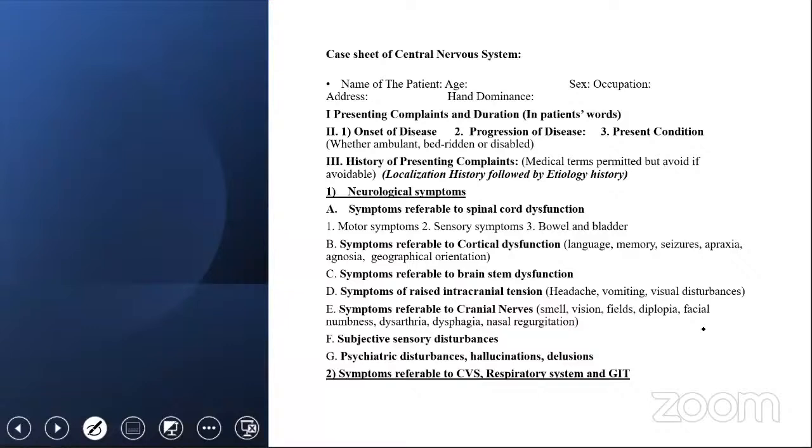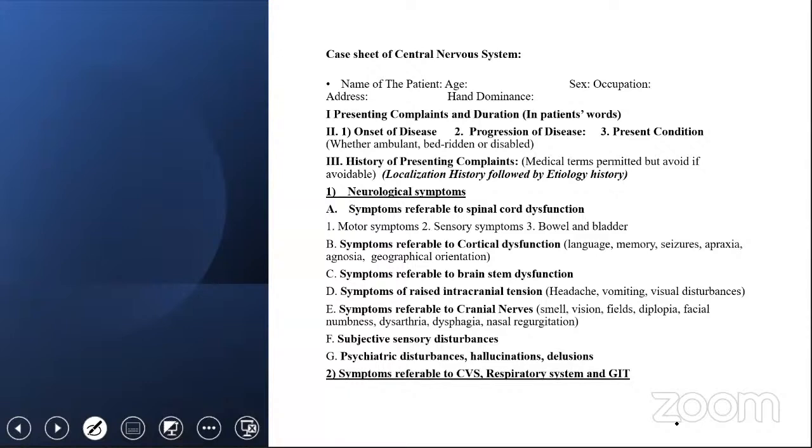All these symptoms can be a presenting feature in various combinations or in isolation in patients coming to neurology OPD or to medicine OPD with neurological complaints. Then you record the symptoms referable to other systems also, because that's very important. Other systems have a repercussion on the brain. You may have to ask about hemoptysis, paroxysmal nocturnal dyspnea, shortness of breath.